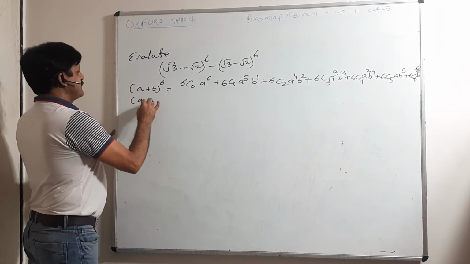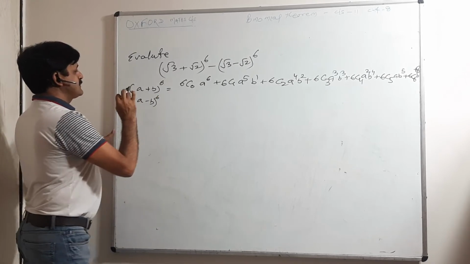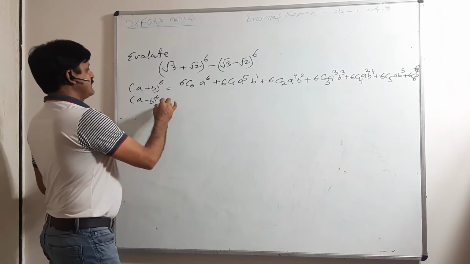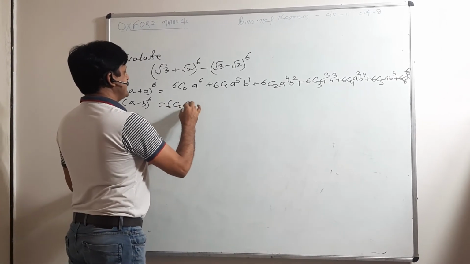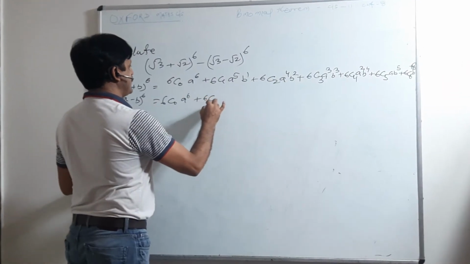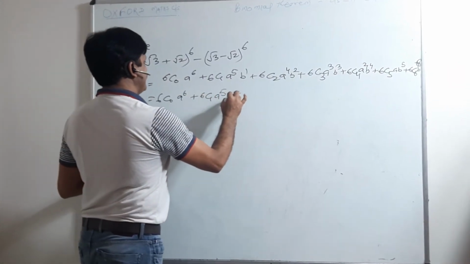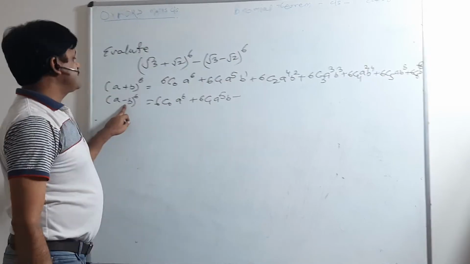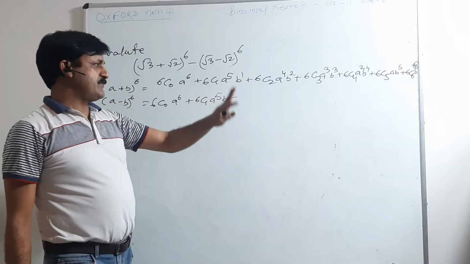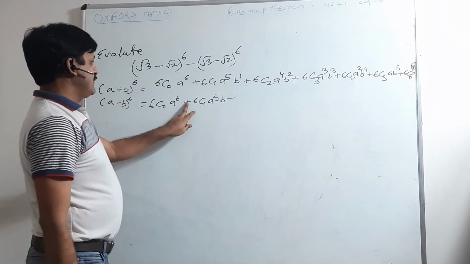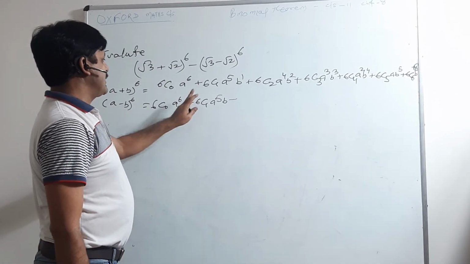Similarly, a minus b whole power 6. This is 6C0 a to the power 6 plus 6C1 a to the power 5 b. b is negative, so the odd powers of b, b, b cube, b to the power 5, become negative, and even powers are positive.